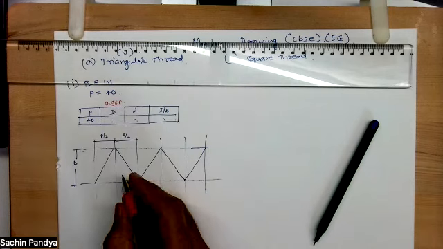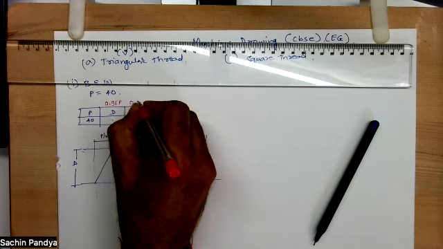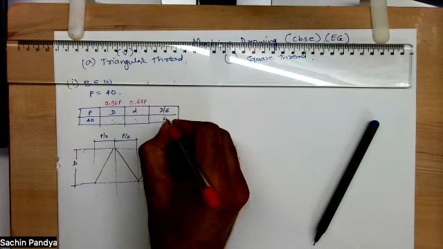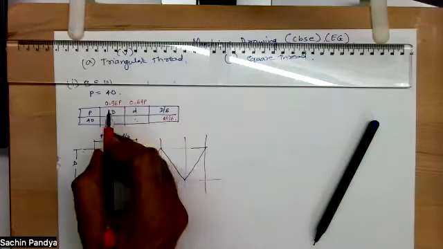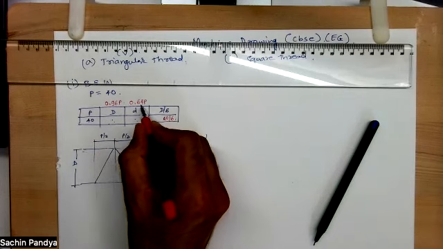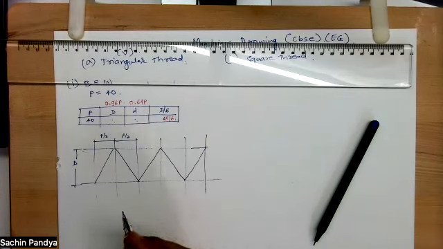The value of small d is 0.64p. And this is D by 6, this is 40 by 6. Got it? So 0.96 into 40, whatever value you get, and 0.64 into p, whatever you get is small d.